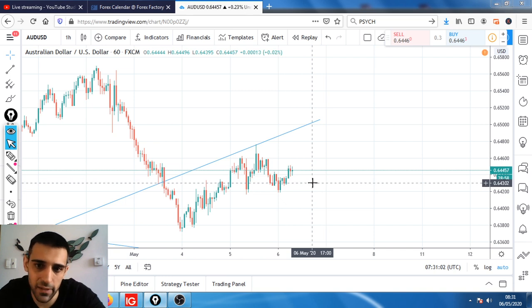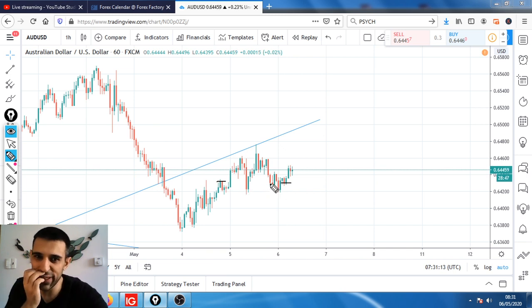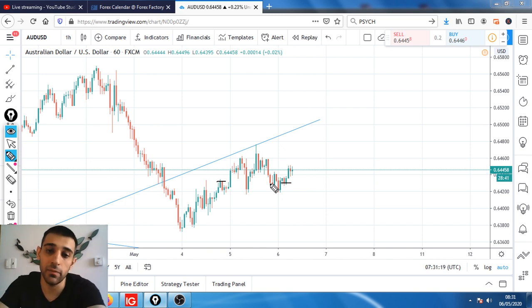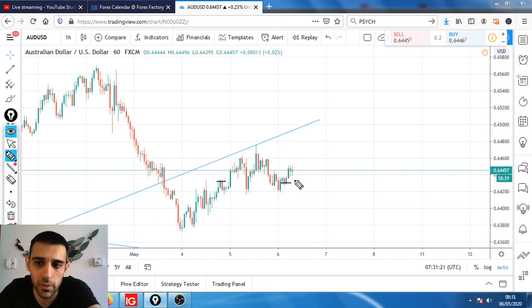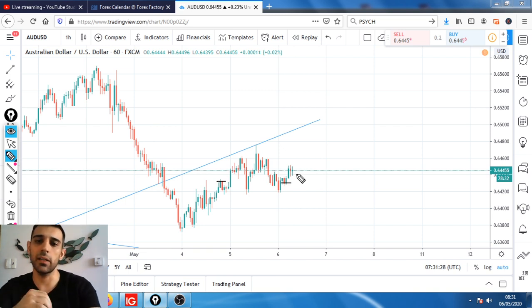up to this 64.30. We can justify 64.30 as our entry, so that could be our potential entry in here. However, this is still developing, and it's not very clear yet if the price is going to do it or not, because it will take about a couple of hours before this currency looks clear enough for me to decide, okay, do I want to take the trade in here or not?